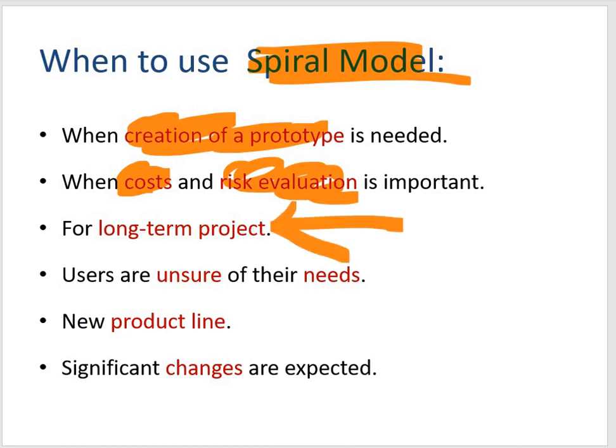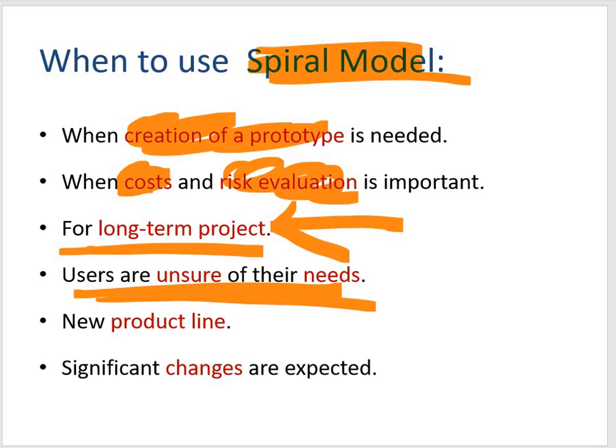Whenever the cost and the risk evaluation is important, I'll go ahead with the spiral model. And based on this, you might have got some idea that whenever I have a long-term project, then also I'll go ahead with the spiral model.